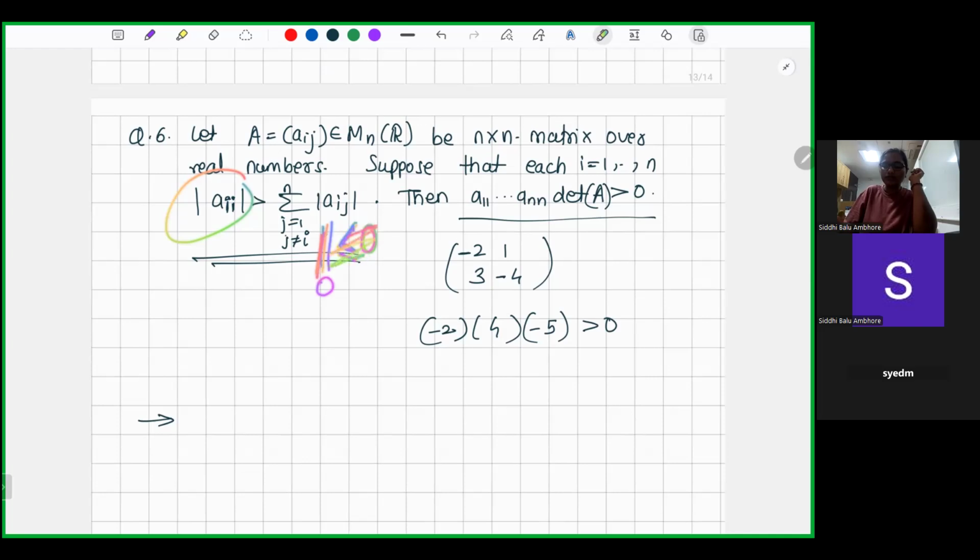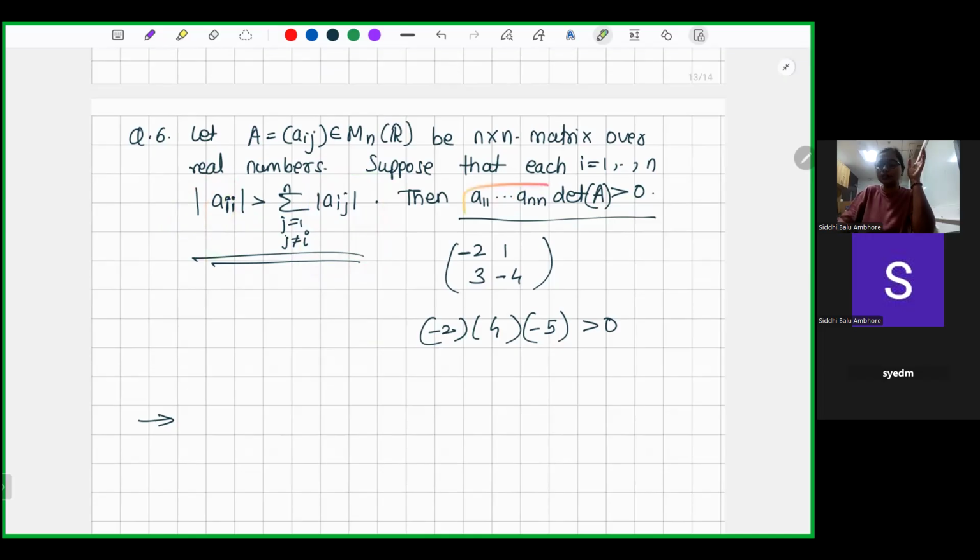This term here is greater than or equal to 0, and I want this to be strictly greater than this greater-than-or-equal-to-0 term. So this has to be strictly greater than 0. So this aii must be non-zero always.